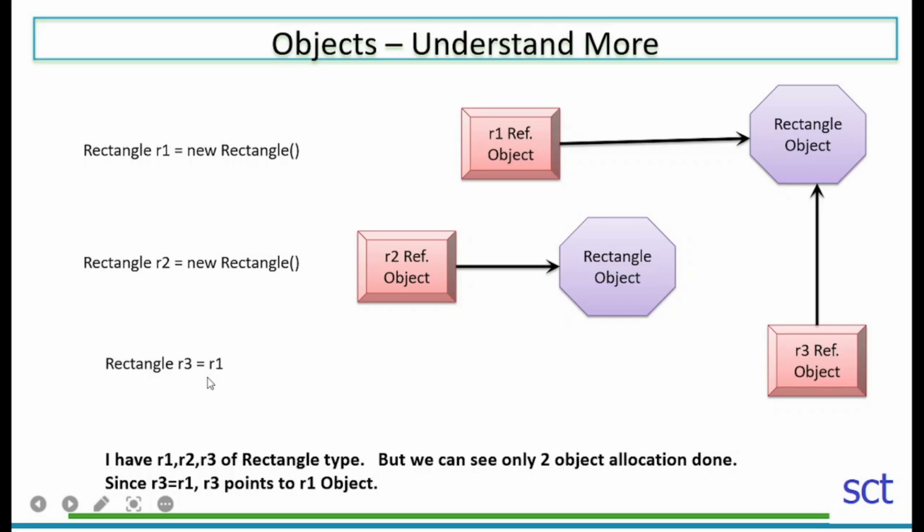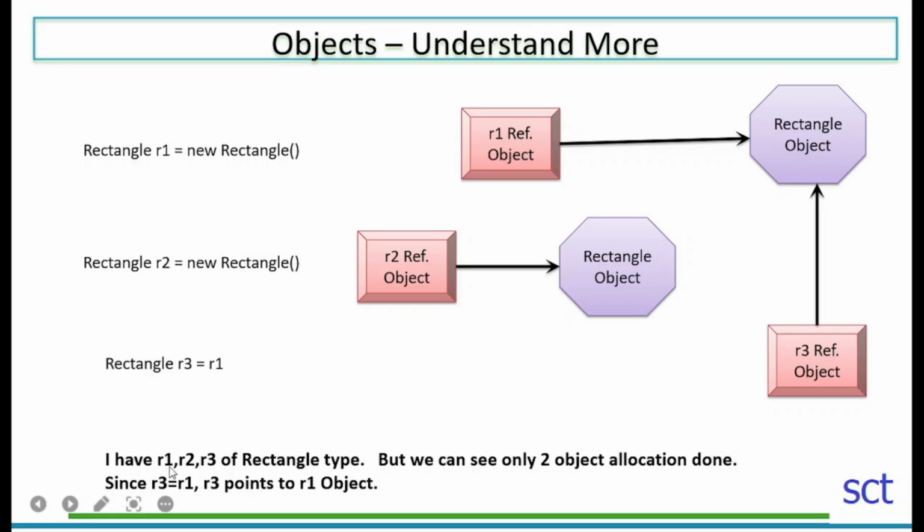Whenever I say Rectangle R3 = R1, R3 is a reference object, but since we said R3 = R1, R3 refers to the same rectangle object that was created by Rectangle R1 = new Rectangle.